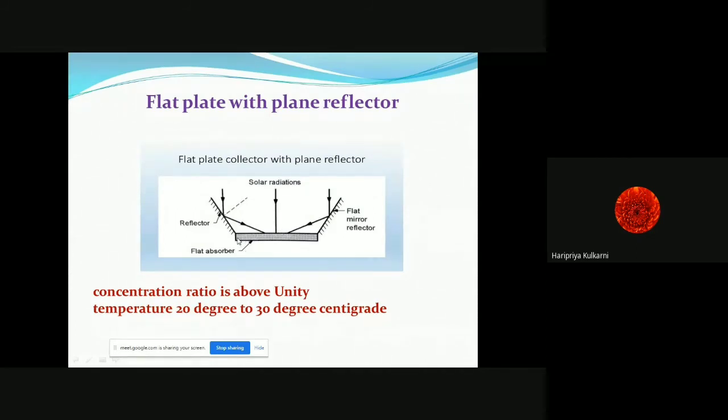But here we are exposing only this much area of the flat plate. So this is our aperture, right? This opening is called an aperture and this is the surface area. Aperture upon surface area will give us the concentration ratio. So with a flat plate we get a unity concentration ratio. We can have a temperature rise of 20 to 30 degrees centigrade.